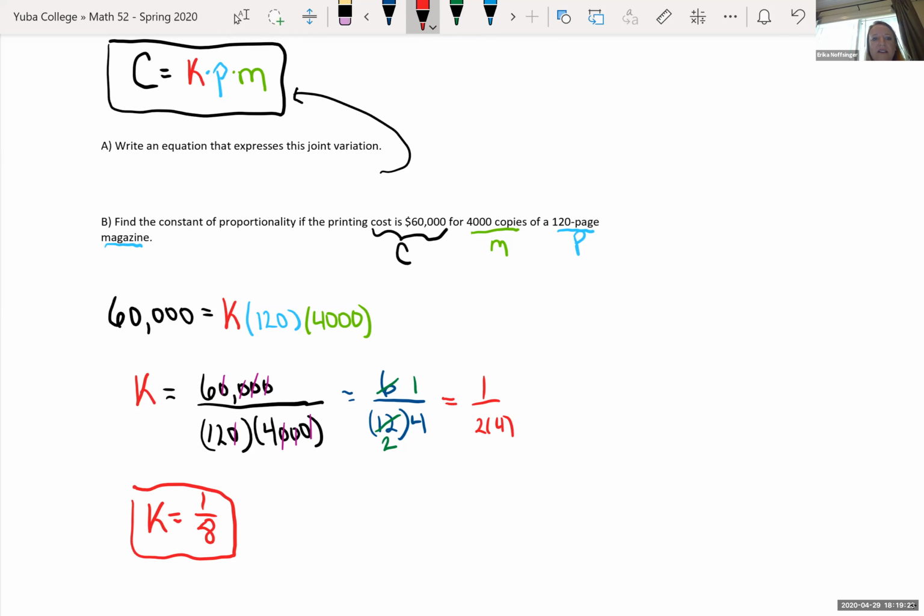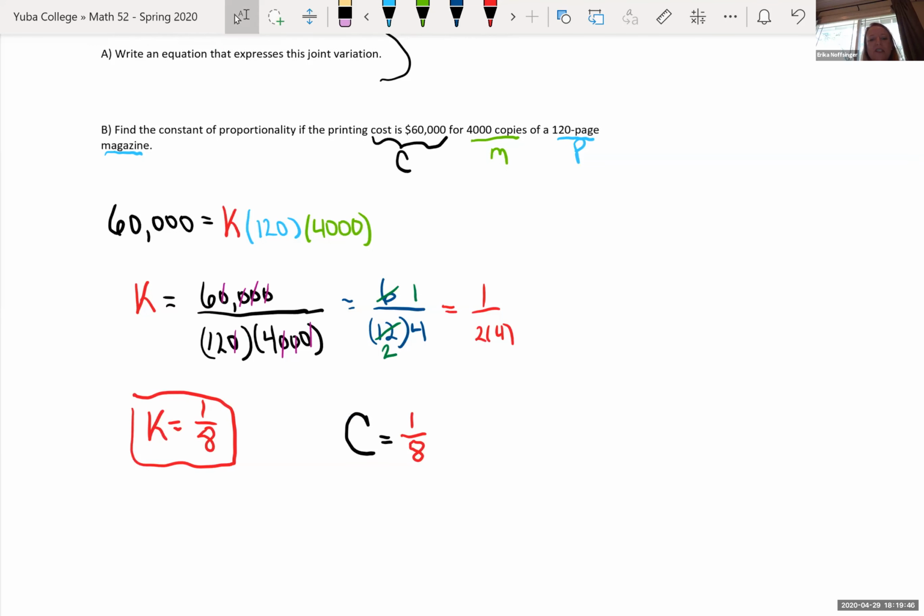So now we can answer anything they give to us. We now actually have this equation, and we know what that constant K is, and that K for this problem never changes. Well, that's not necessarily true, since things might change in the world where costs are different.